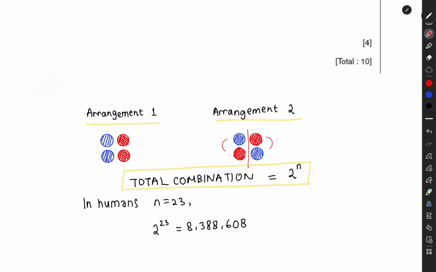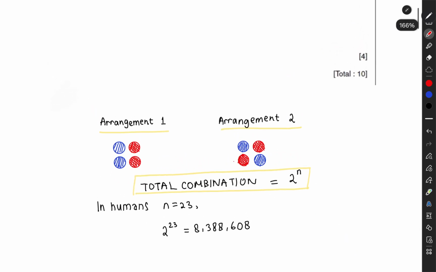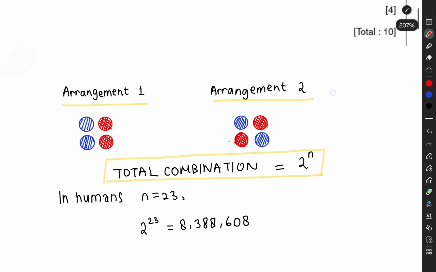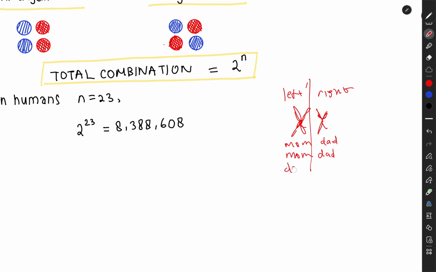I hope you understand. So basically there are combinations when the homologous chromosome pairs, the left one and the right one, can be from mom, dad, mom, dad, dad, mom, and so on.